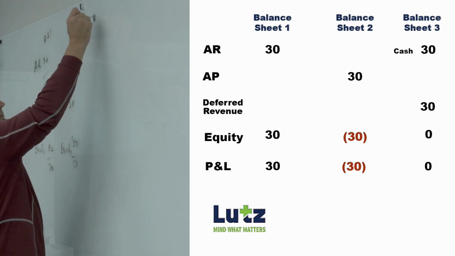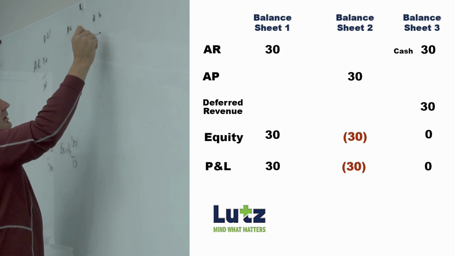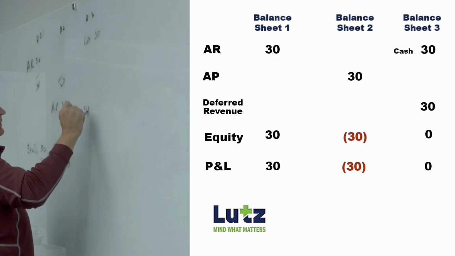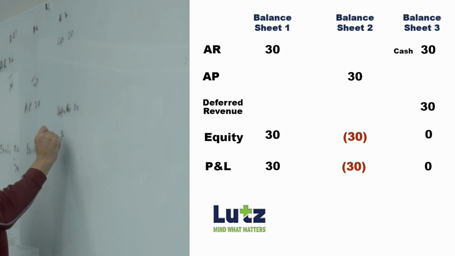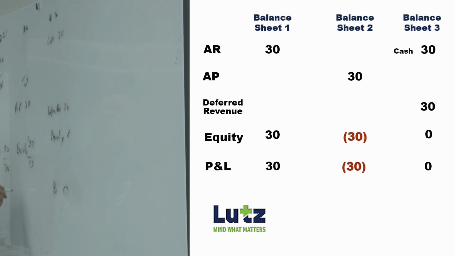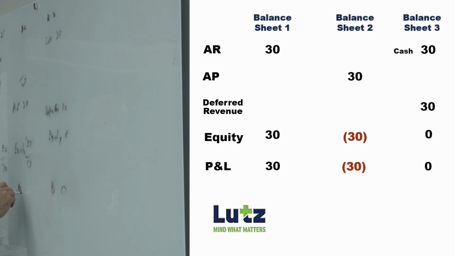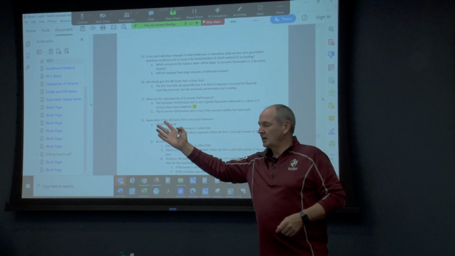Balance sheet 3, cash 30, deferred revenue 30, equity 0. P&L 0, P&L negative 30, P&L 30. Okay, 3 different balance sheets, 3 different fact patterns. And does that quantify accounts receivable, accounts payable, and deferred revenue, Jackson? It does.